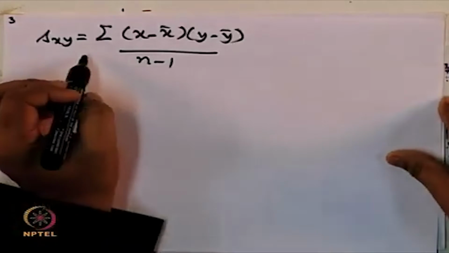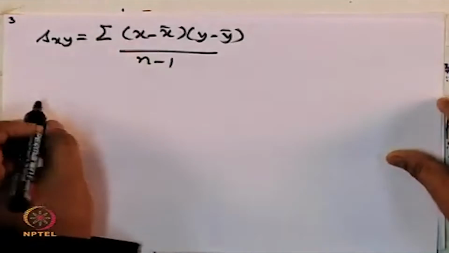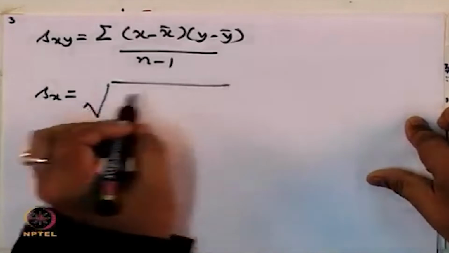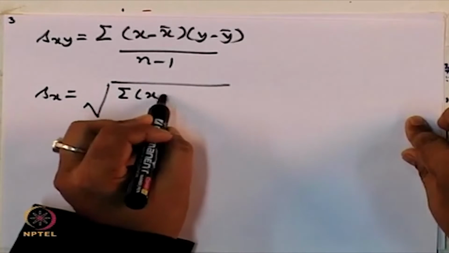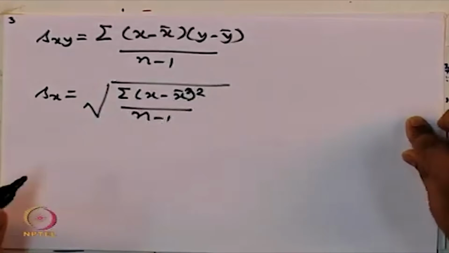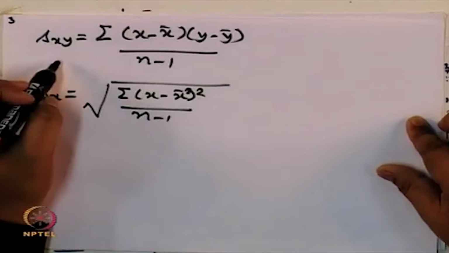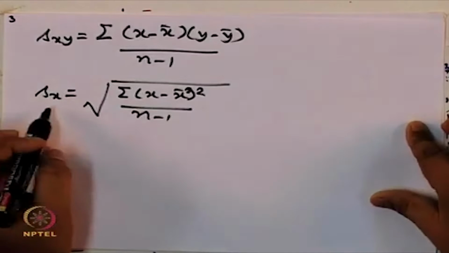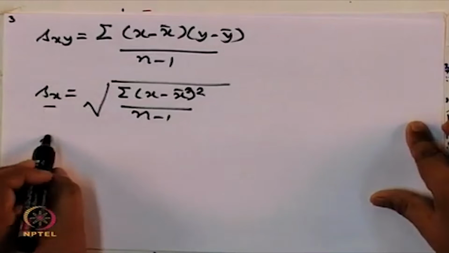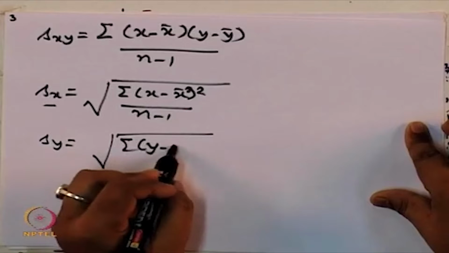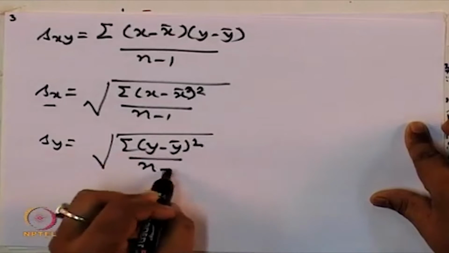What you clearly see missing is the square root. If I write down the corresponding expression of Sx, I have square root of summation of x minus x bar whole square by n minus 1. So, in the definition of covariance this square root is missing, and the reason is obvious. You are multiplying Sx by Sy, which has square root of summation of y minus y bar whole square by n minus 1.